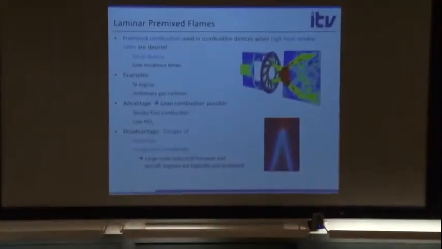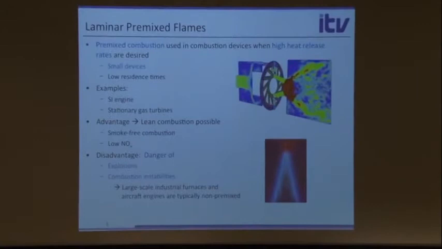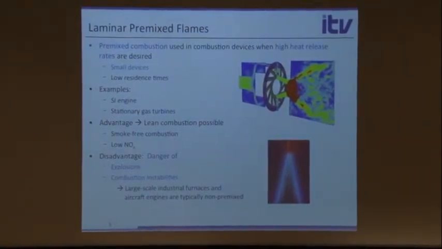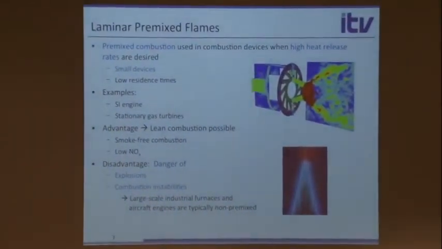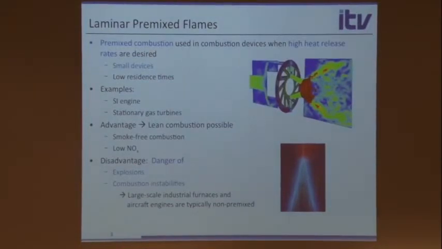And what it does. Okay, premix combustion is used in combustion devices where high heat release rates are desired. I mentioned earlier, for an internal combustion engine Otto cycle, you assume the heat release is all at constant volume, okay? And that gives you the highest efficiency.